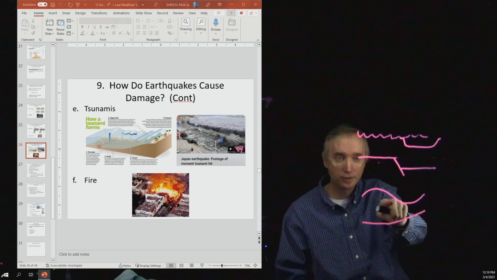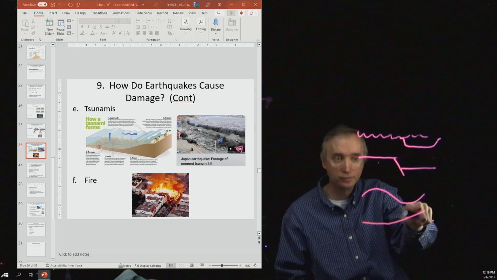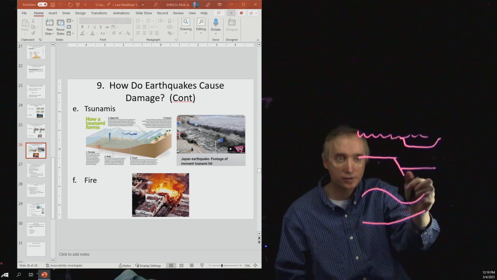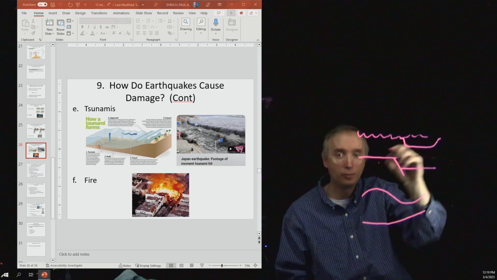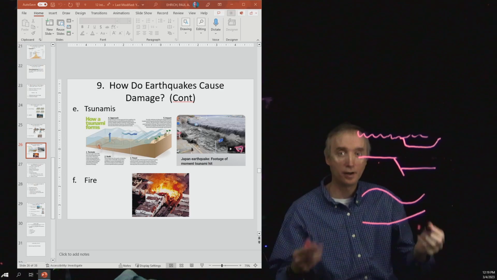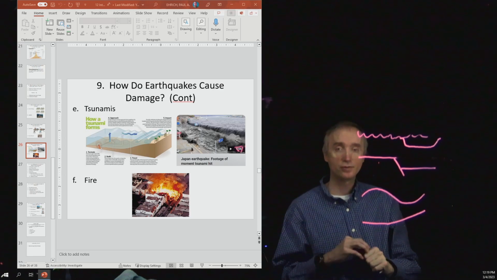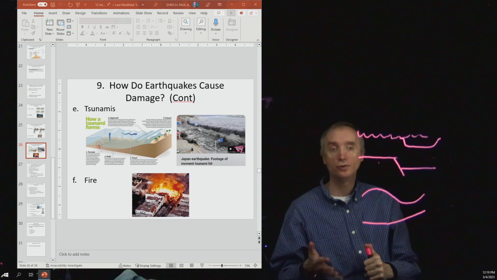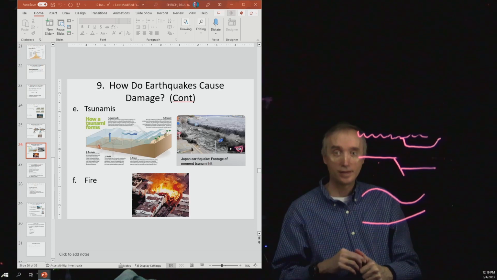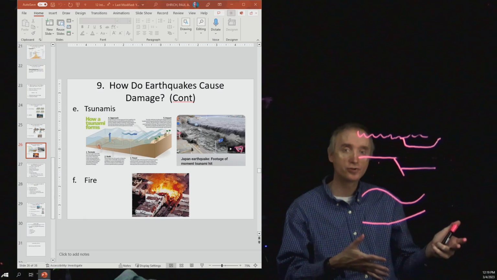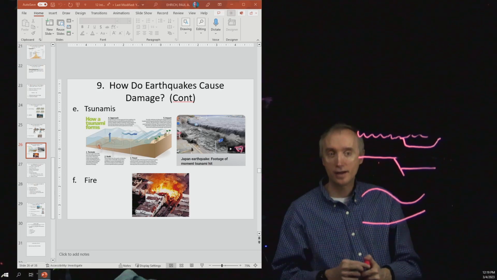What's going to happen is the water is going to start to feel the bottom of the ocean, and it's got to go somewhere, so all of that water is being compressed, so it's going to start to build upwards, up and up and up, until it forms a tidal wave. Some of these tsunamis could be up to 100 meters in height. And whenever that does slosh on shore, it's going to cause a lot of damage.